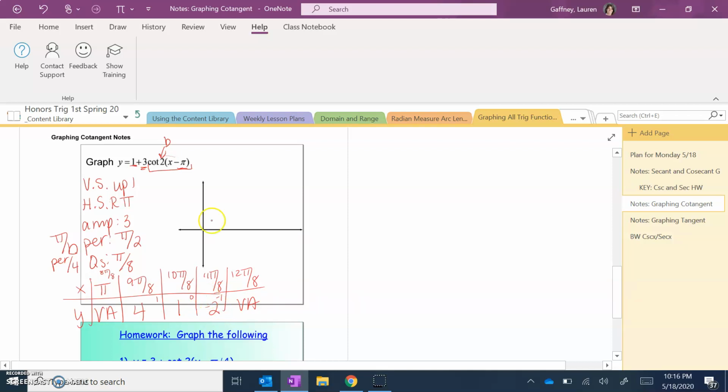Okay, so let's set this up. We're counting by pi over 8. I think I counted right there. So this is pi, so this would be 9 pi over 8, and sorry, this is so small.